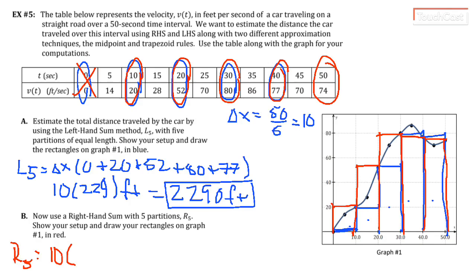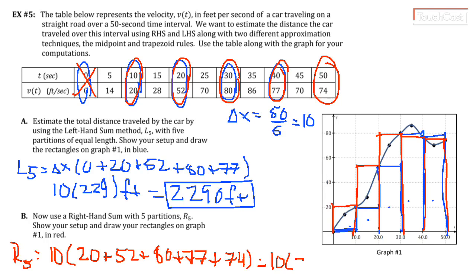So we're going to have 10 times 20 plus 52 plus 80 plus 77 plus 74. Which is going to give us 10 times 303 feet, which is about 3,030 feet.